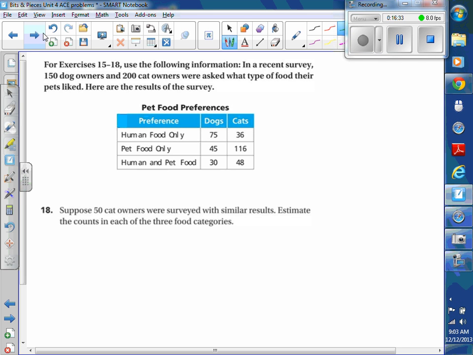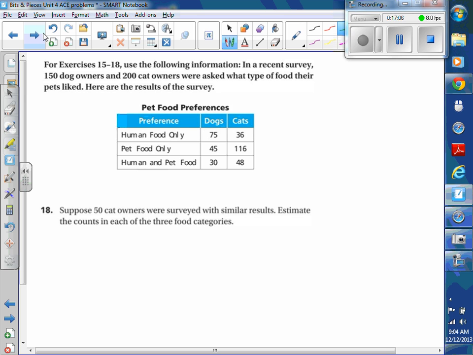Did anybody do 18? Yes. Luke. For 18, you're supposed to make the survey. Oh, is it? Did it say 50? Well, let's reread the problem. Use the following information in a survey: 150 dog owners.